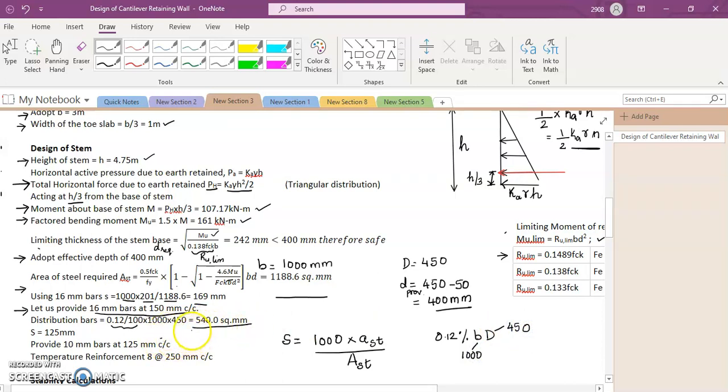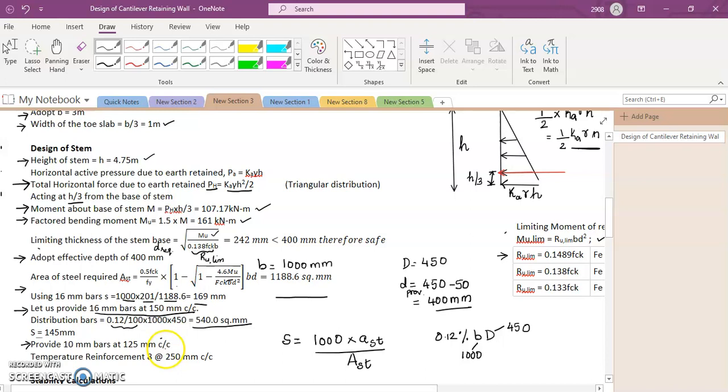When we calculate the spacing, we'll get somewhere around 145 mm. So I have reduced it and made it 125 mm center to center. So this is the distribution reinforcement, 10 mm bars at 125 mm center to center.